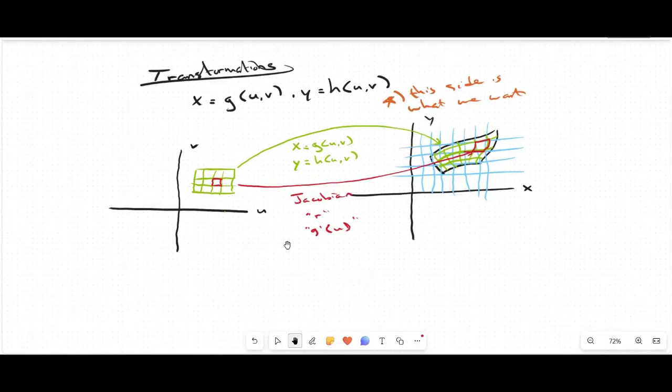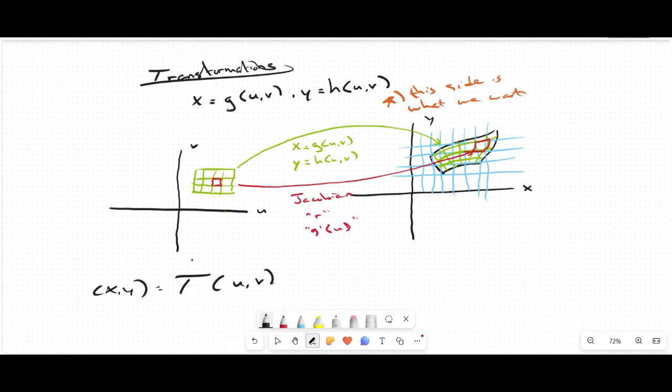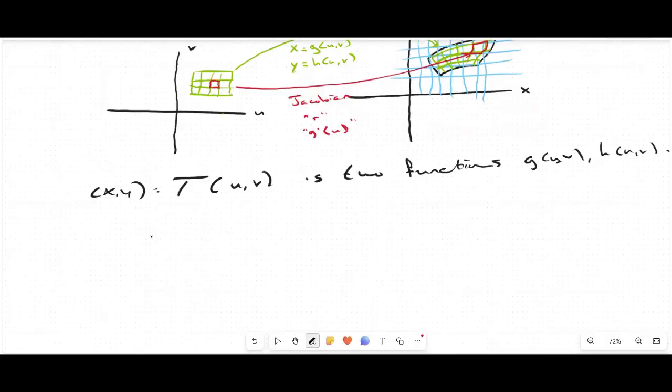Okay, so in general, a transformation T, which gives X and Y coordinates from U and V coordinates, is two functions, G of U and V and H of U and V. And we need something. The pair must be one-to-one.